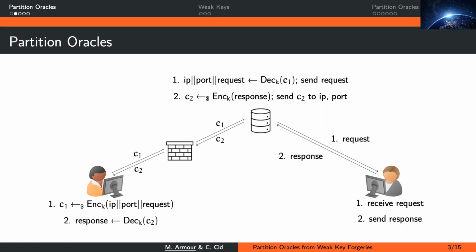First, Alice will encrypt her IP, port and request with that symmetric key, and then send it to the proxy server. The proxy server can decrypt it and send the request on. When it receives a response, it can then encrypt that response with the shared key and send it back to Alice.